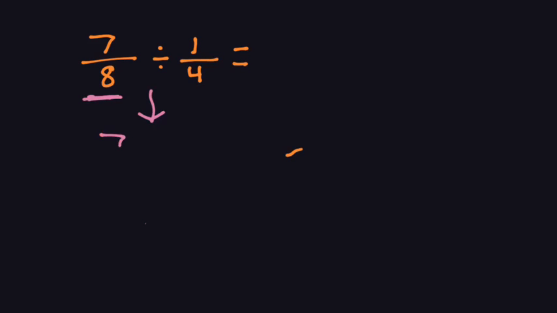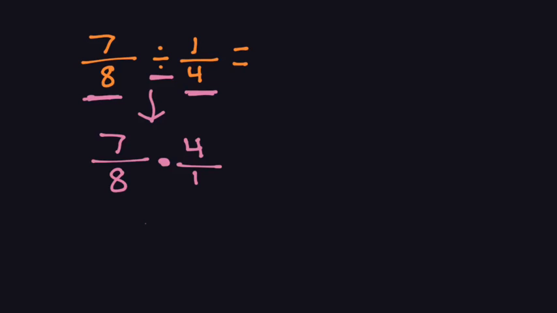Keep it as 7/8. Change this division sign into a multiplication sign. You never change the division sign into something like an addition or subtraction sign. The division sign is always going to become a multiplication sign. And flip the second fraction, 1/4, and make it 4/1.